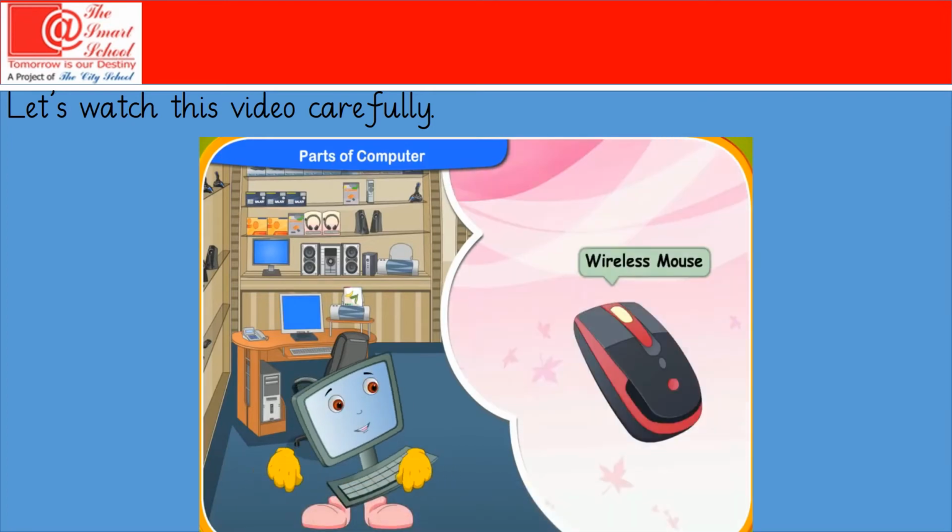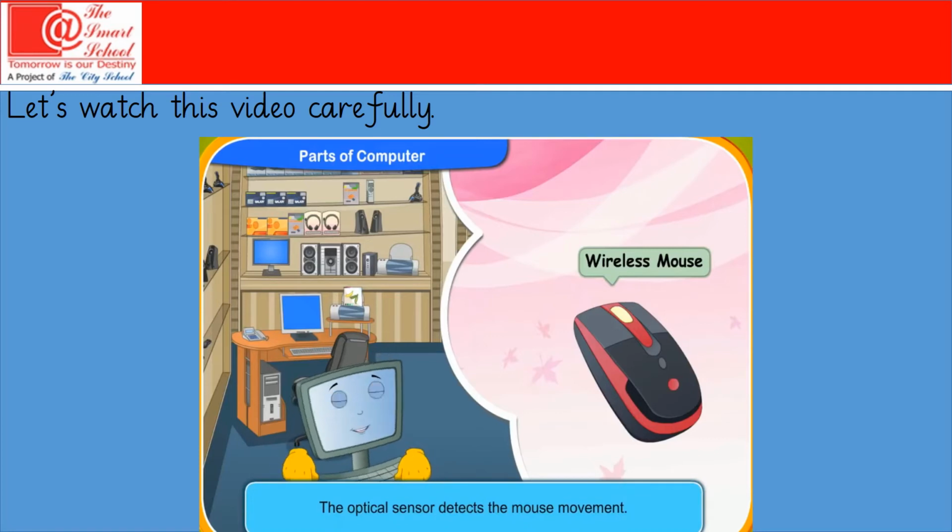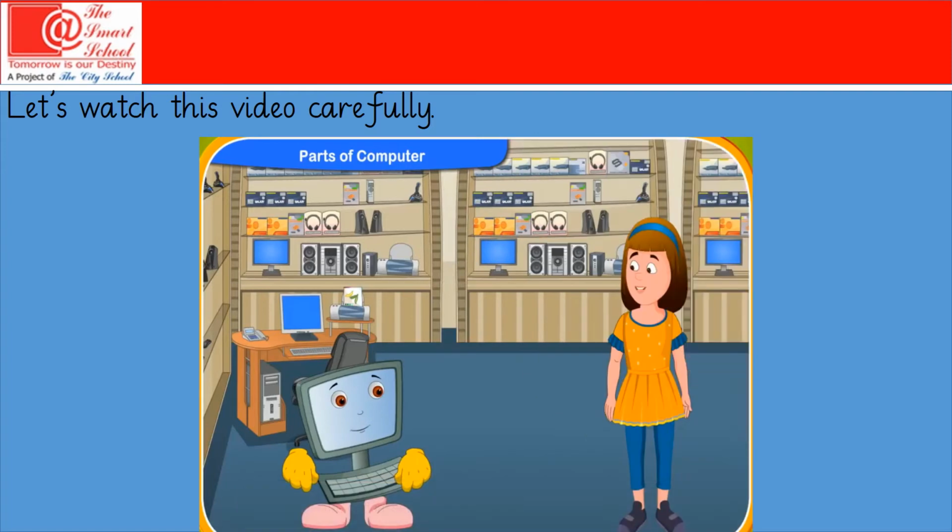Nowadays, wireless mouse is also available. Why is there a light under the mouse, Kliko? That is the optical sensor, Rennie. It detects the mouse movement. Earlier, there used to be a ball inside the mouse instead of an optical sensor. Okay, so these are the main parts of the computer.